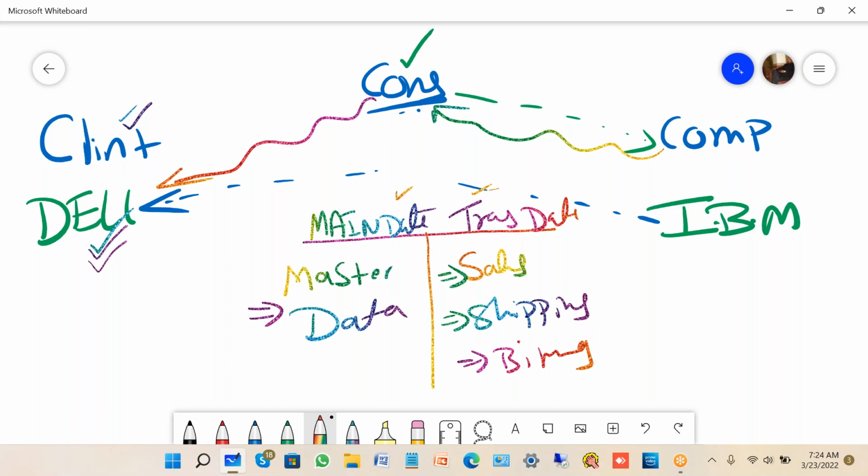You need to understand, the entire training program, or the entire module of ASD, is divided into two parts: master data and transactional data. To work on the transactional side, first the master data needs to be customized.